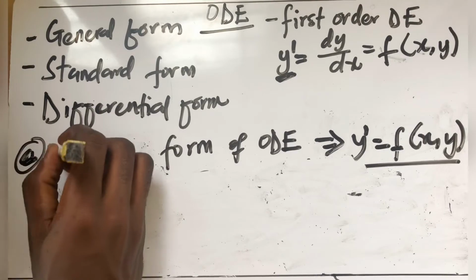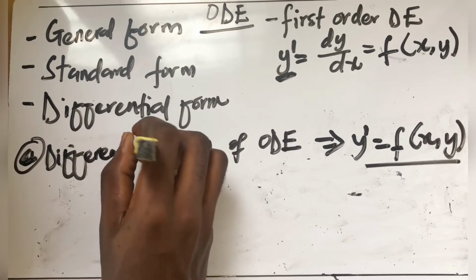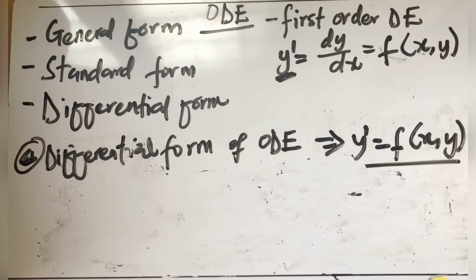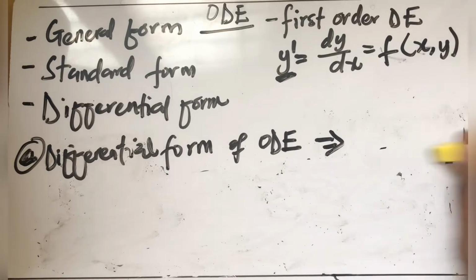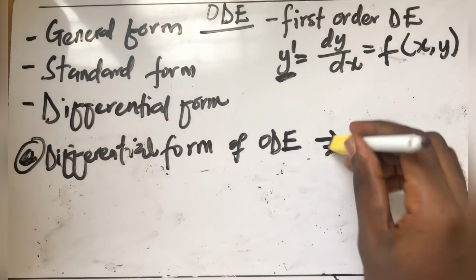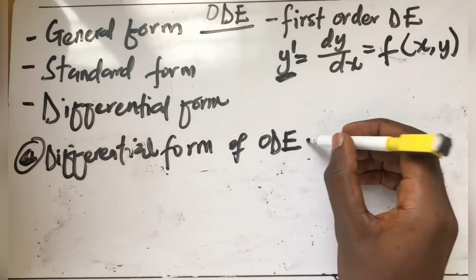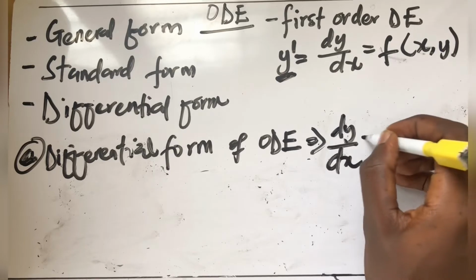The differential form of an ordinary differential equation is represented in a different format. This is how we represent it. It's normally represented in this form, okay? So you have dy dx to be equal to what?